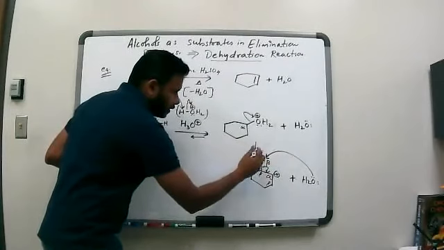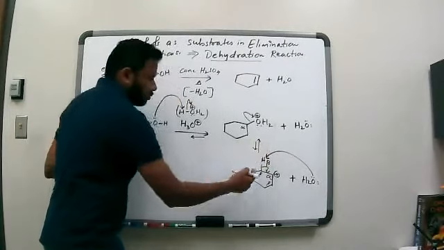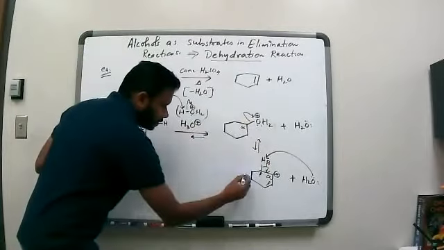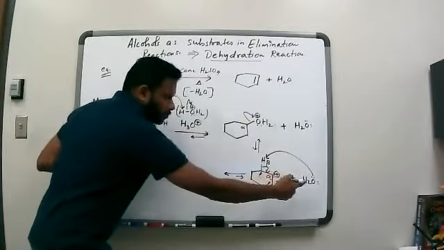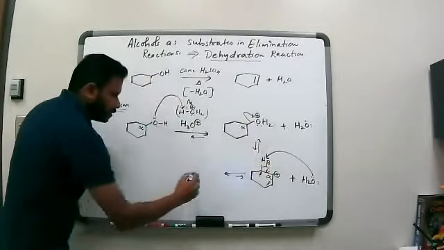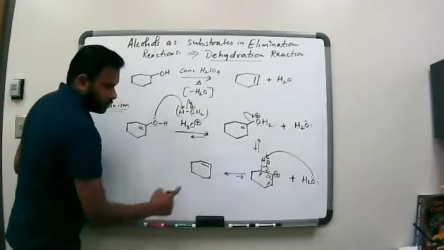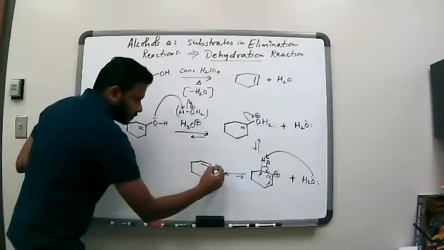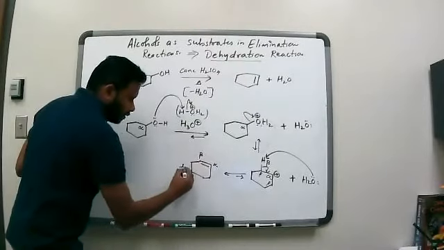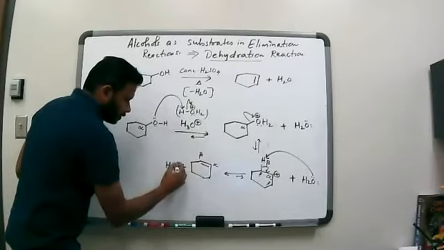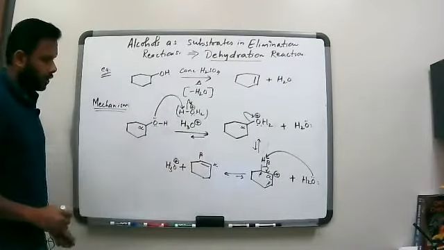Again, sorry, this reaction would be mostly favored going back. So when the water molecule deprotonates H beta, it would give us a double bond there, alpha and beta, plus it's going to give us a hydronium ion back.